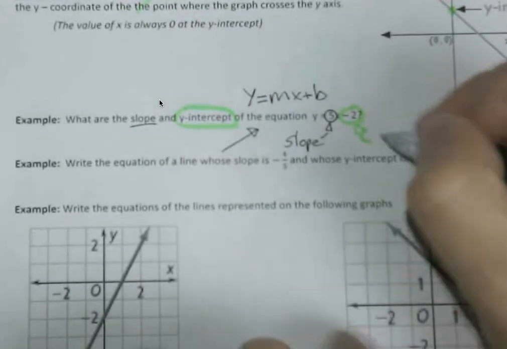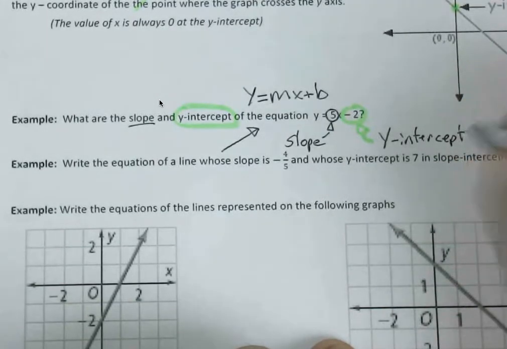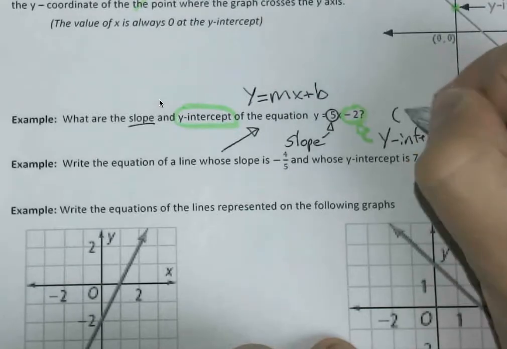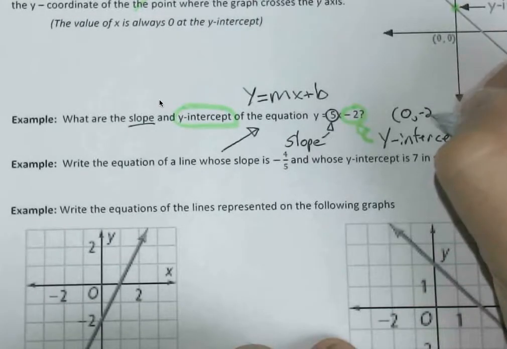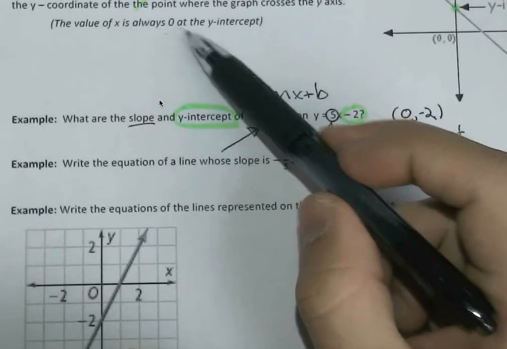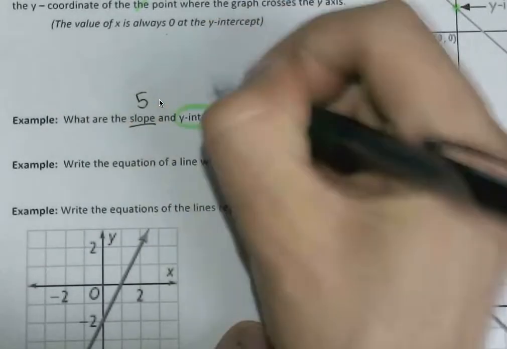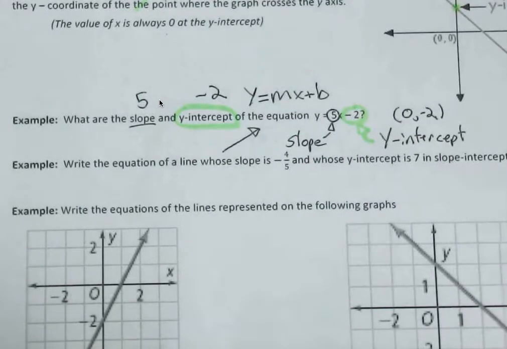This negative 2 is still considered our y-intercept. Or if you really want to show that it's a point, you could say your y-intercept is 0, negative 2, because remember, the value of x is always 0 at the y-intercept. So we fulfilled what they were asking. The slope was 5, y-intercept was negative 2, and we're going to move on.